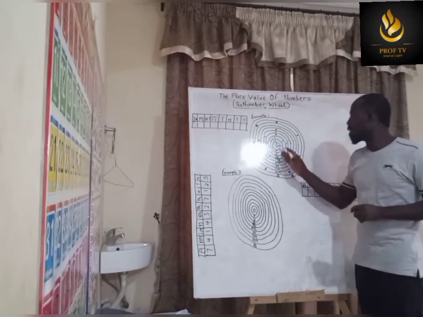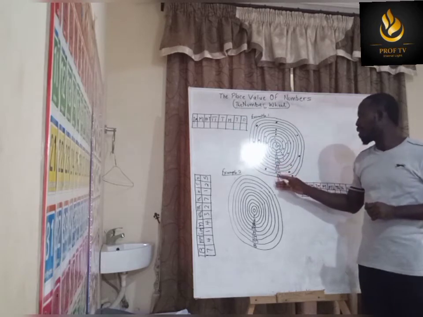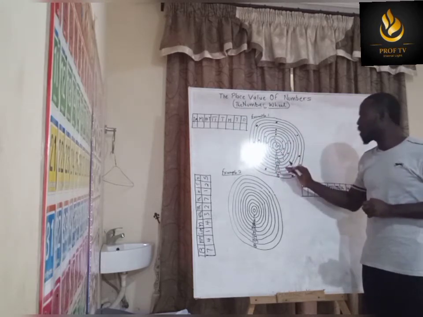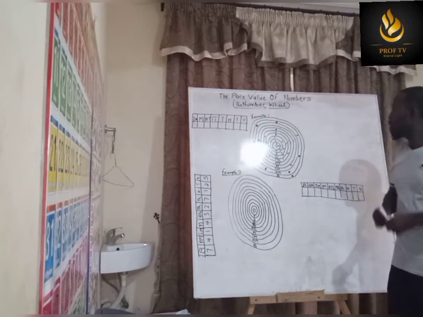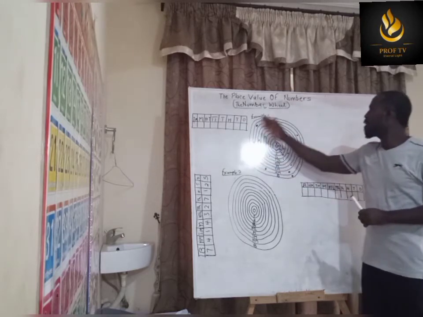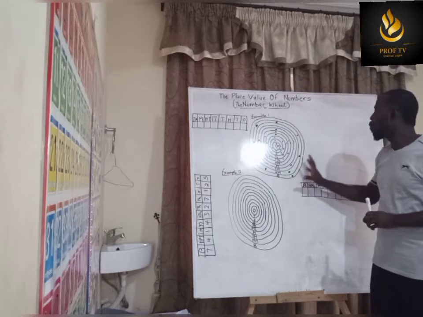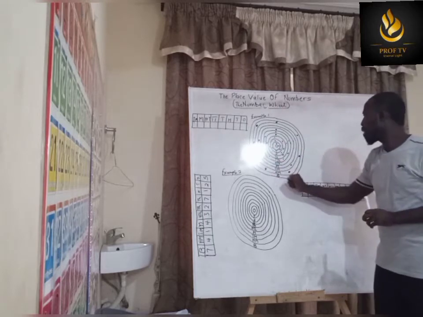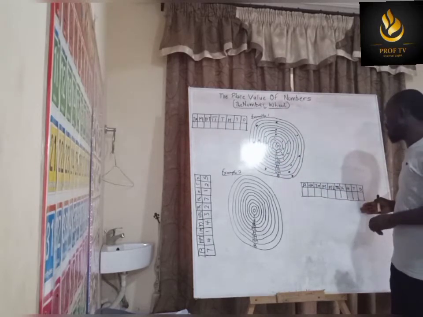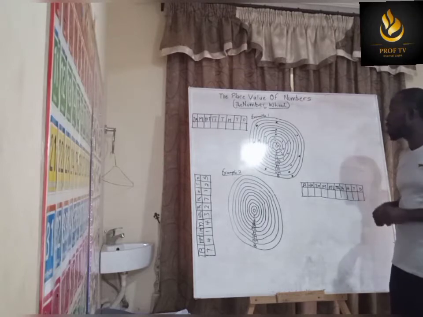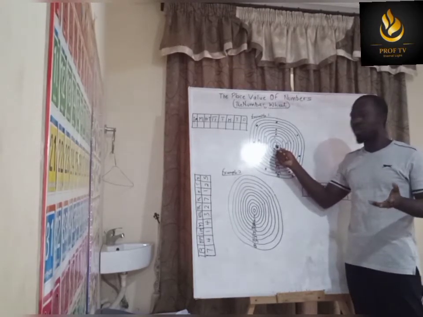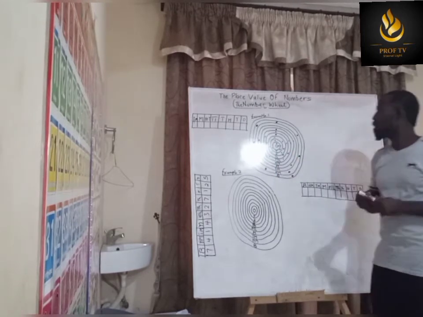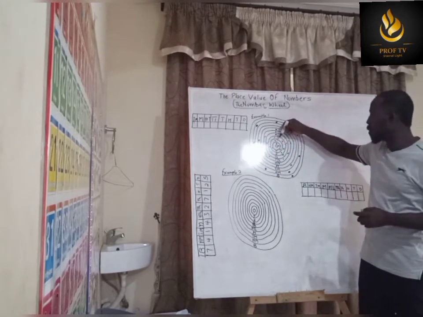Now that we have understood our symbols, we can easily relate. We are simply being asked to find the values, and then we'll represent it in a chart like this. So the first one is our ones. We'll count the number of dots.